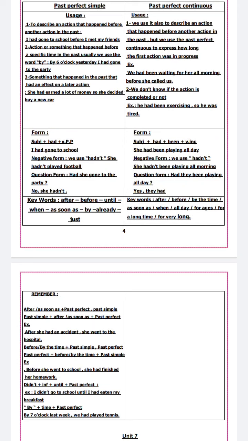If it is not at the start of the sentence, we put past perfect at the start, plus before or by the time, plus the past simple. Like, before she went to school, she had finished her homework.